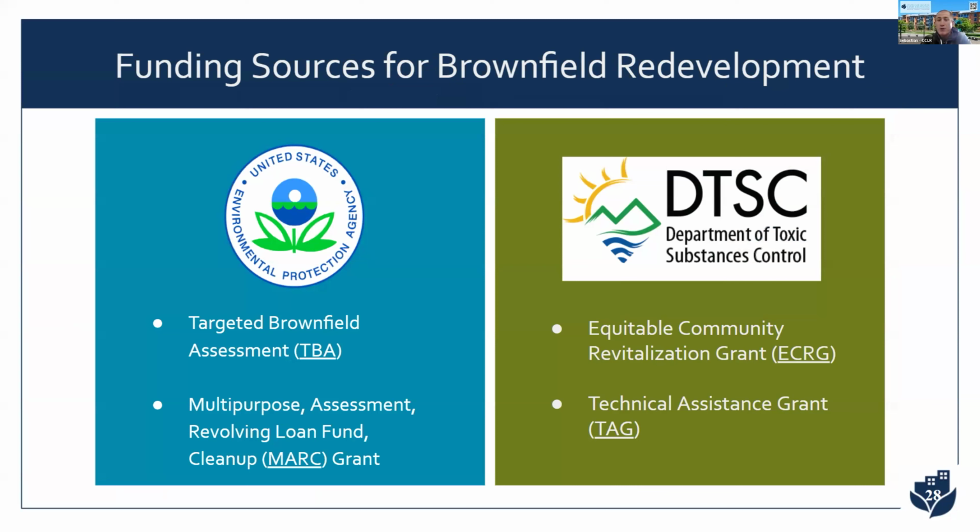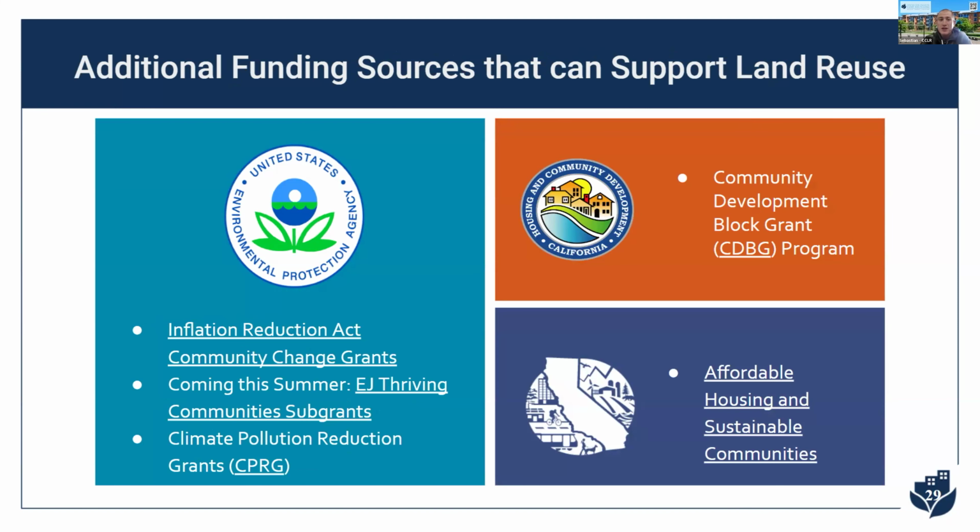We can talk about if maybe you have a good candidate for a MARC grant, or if there are other types of programs, a disciplinary aspect of brownfields where there could be other programs you're not aware of that could be used to transform the property, such as the Strategic Growth Council or some of the above examples.